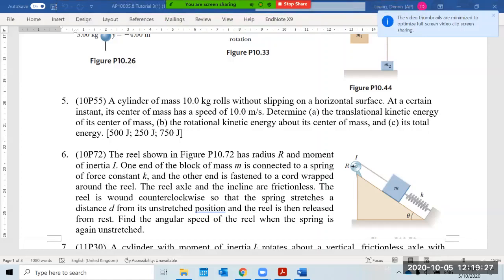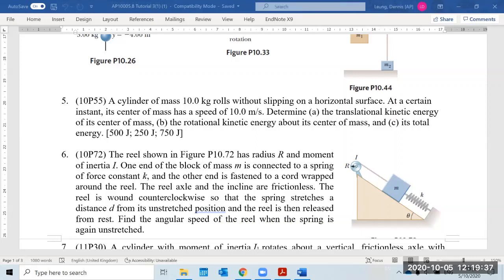You are trying to determine the translational kinetic energy. Translational kinetic energy is just 1/2 mv squared, where V is already given as 10 meters per second and M is 10 kg, so it is quite straightforward.